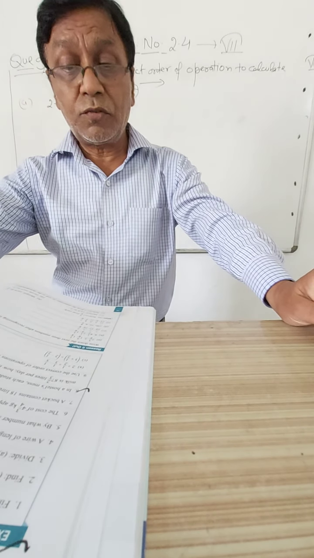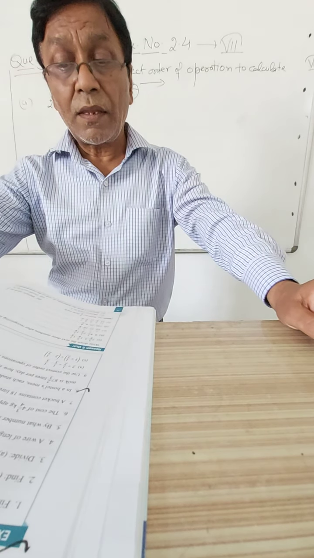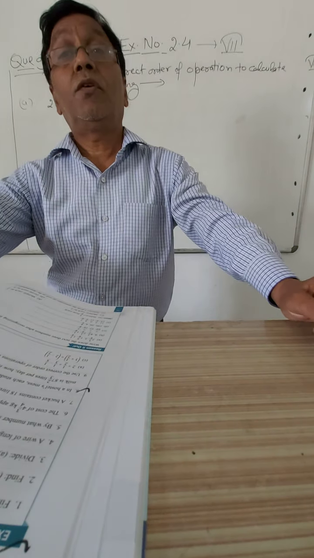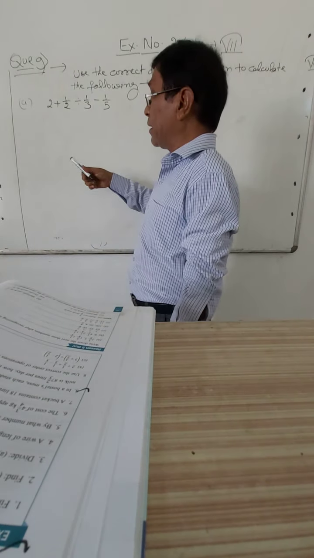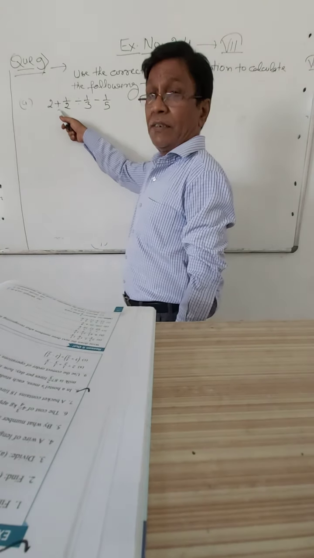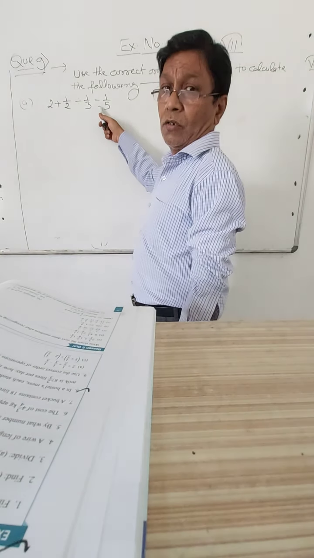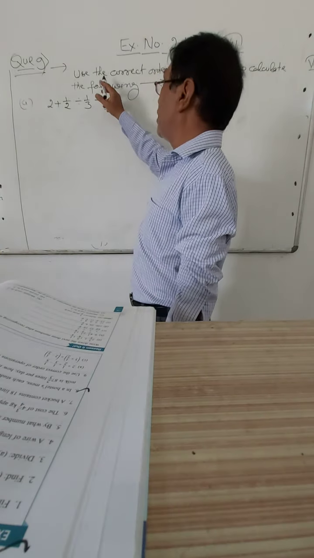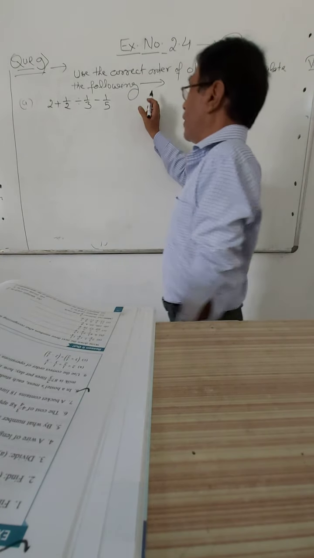So first question, 2 plus half divided by 1 by 3 minus 1 by 5. So this is a kind of mixed problem. Mixed problem in the sense that here it is addition, here division, here subtraction. So use the correct order of operation to calculate the following.